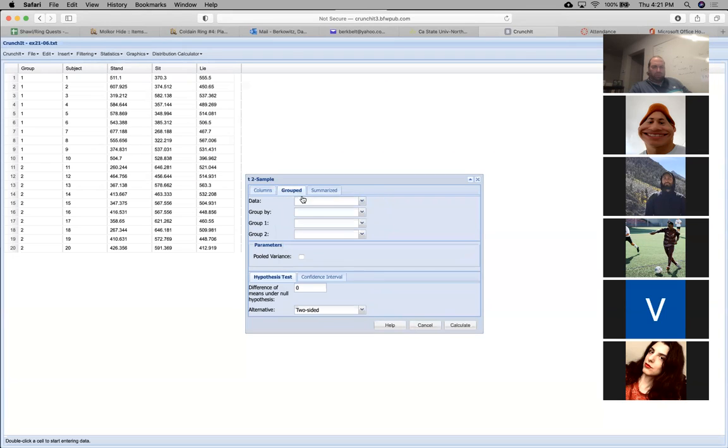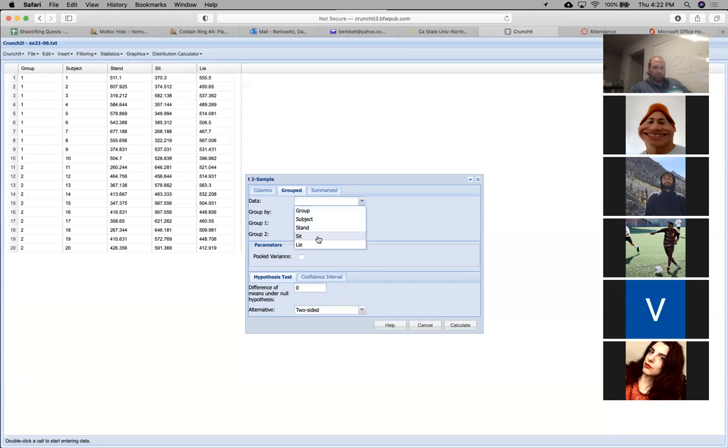We group by group. So you have group 1 and then group 2. Group 1s are the 1s and group 2s are the 2s.